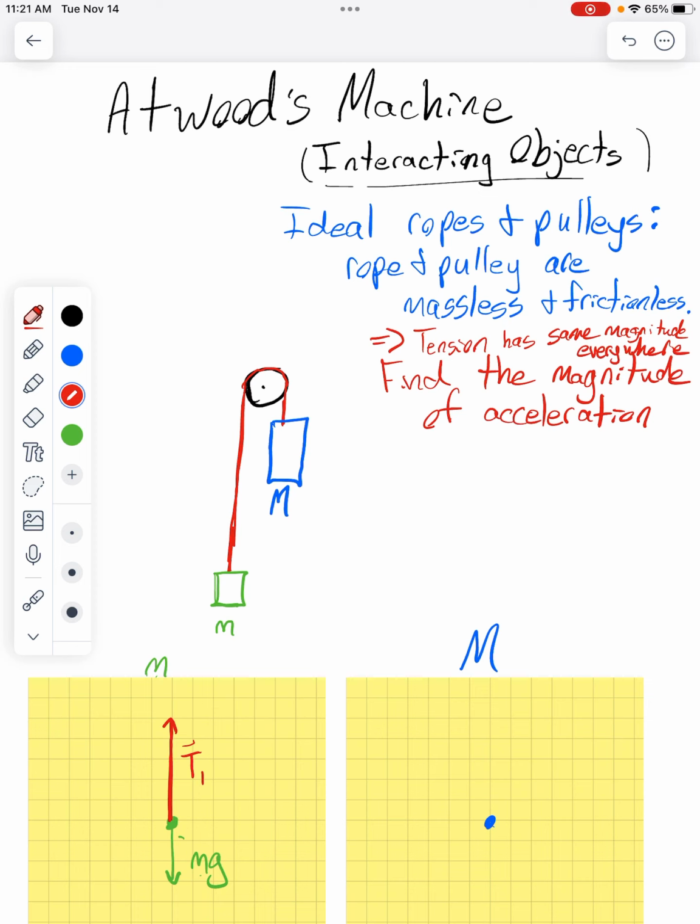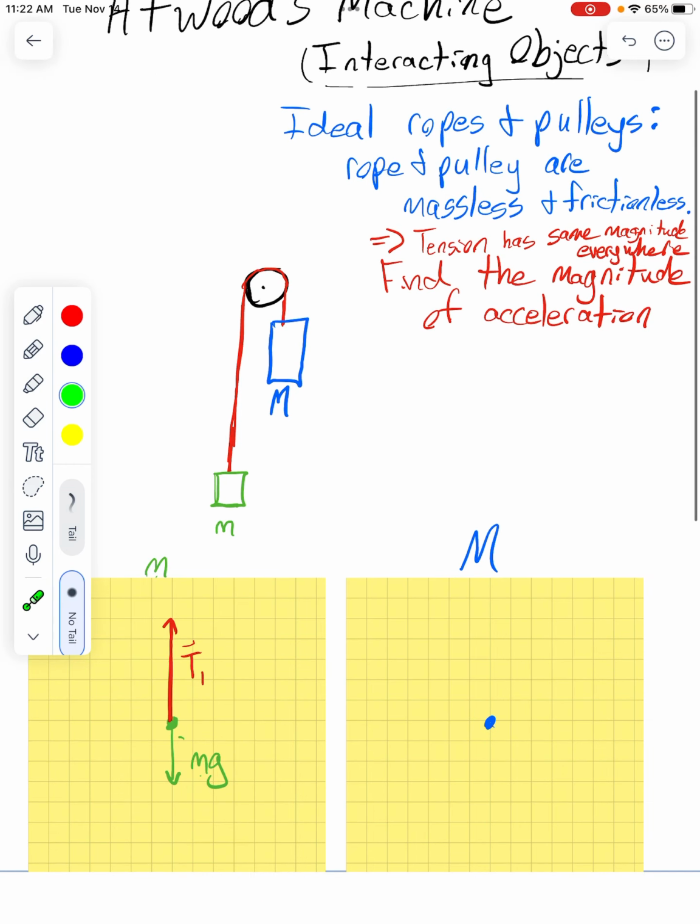So if the little mass is pulling on the string with a tension of 10 newtons, then that 10 newtons will also be pulling up on the big mass. This is essentially Newton's third law, just being transformed around through this rope.